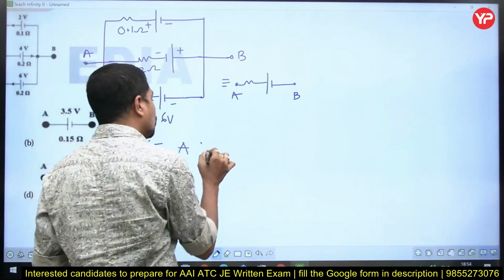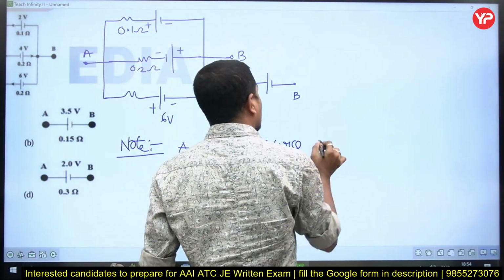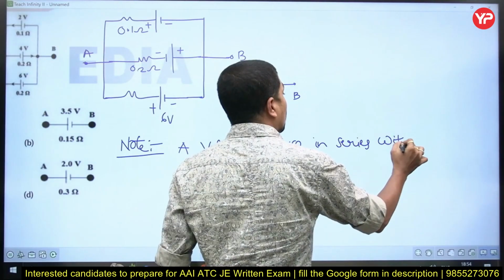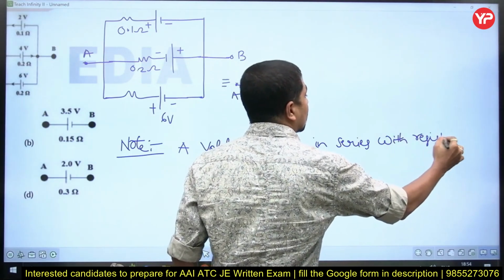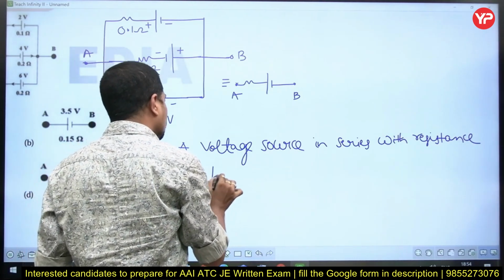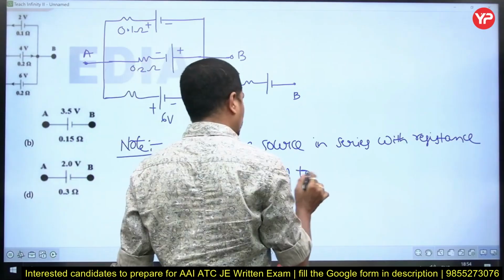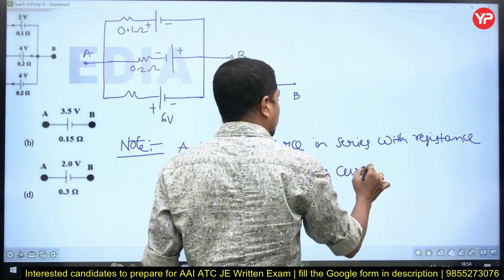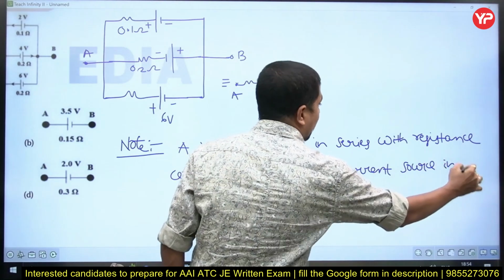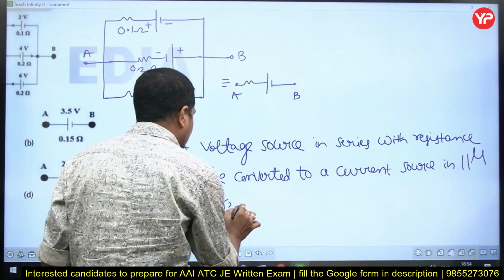A voltage source in series with resistance will be converted to a current source in parallel with resistance.